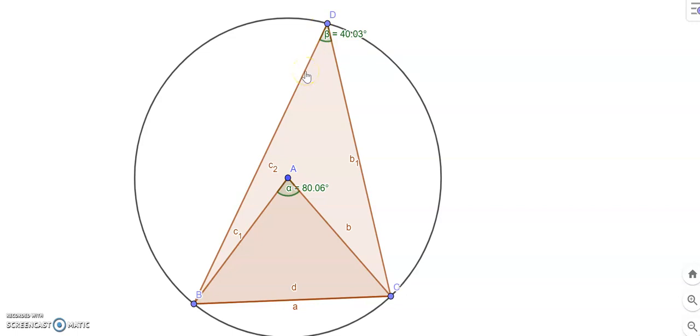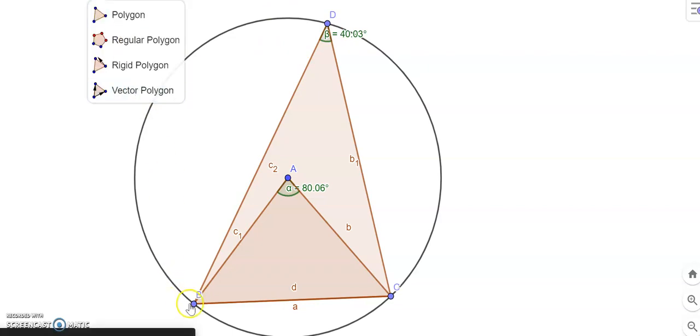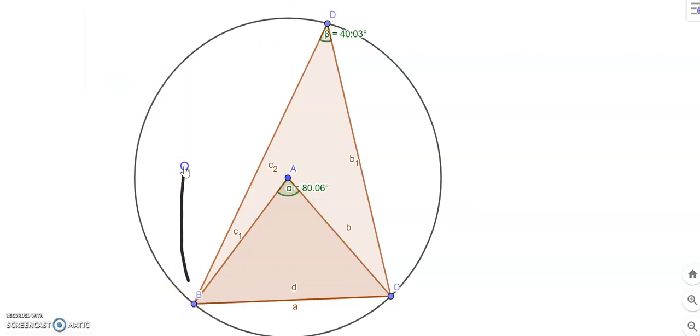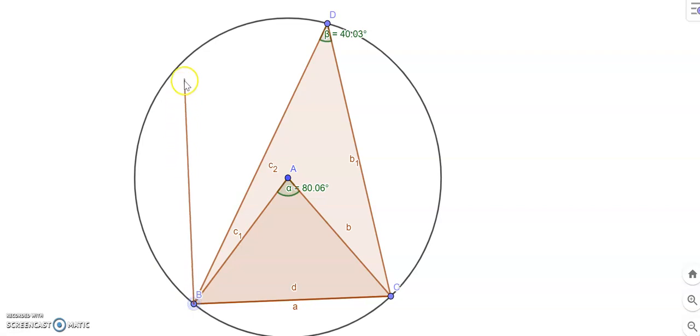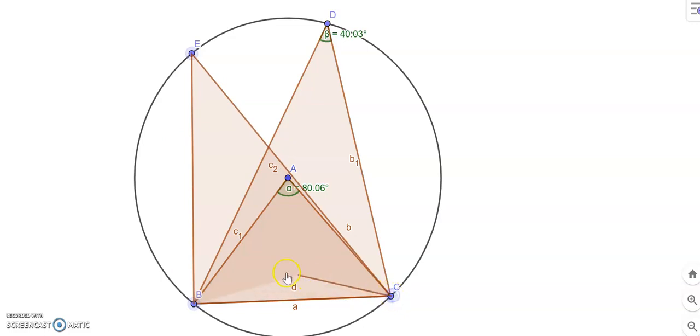Now I go to the second one. If I have the angle subtended by the same chord, all of them to the circumference. Now look at this. Now I have another angle here, but now moving to the circumference.